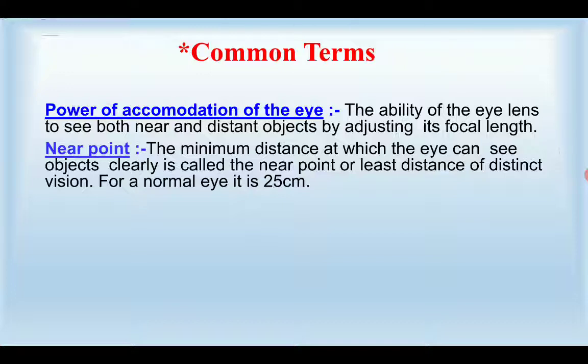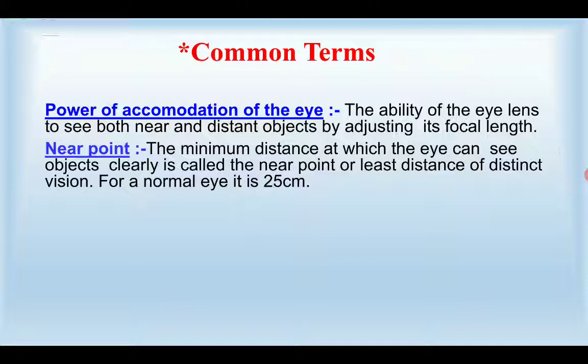Least distance of distinct vision means that a person can distinguish between two nearby objects placed near each other. For a normal eye, the near point is nearly equal to 25 centimeter. It is not exactly 25 centimeter, but it lies nearby, and it varies from person to person.